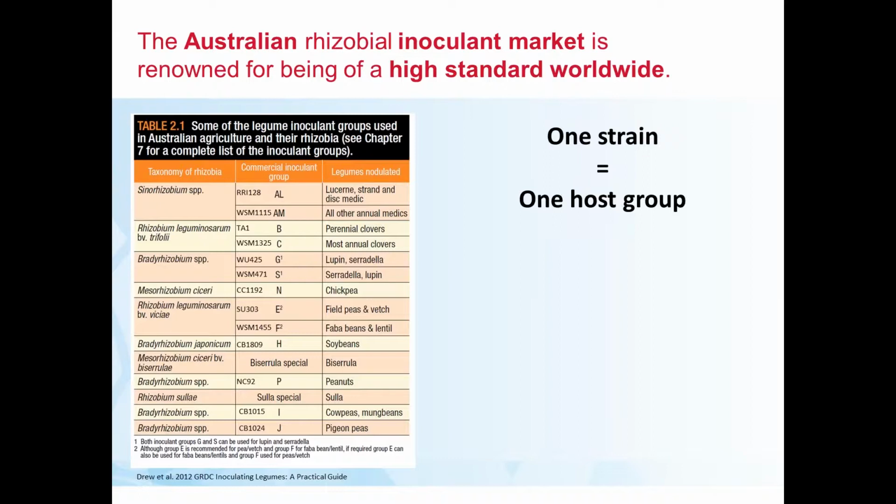So the perennial clovers and annual clovers have different strains to the field pea, vetch, faba bean, and lentil group, despite it being almost the same bacteria taxonomically.